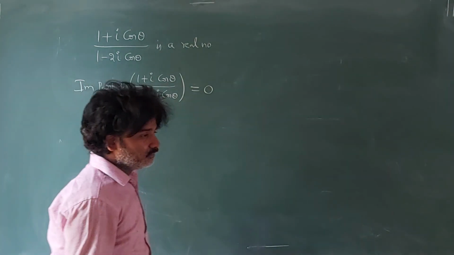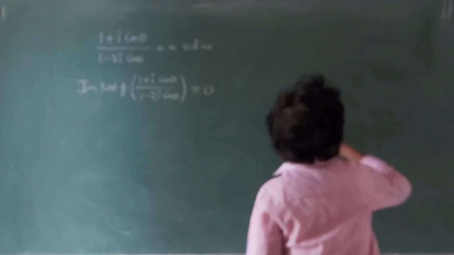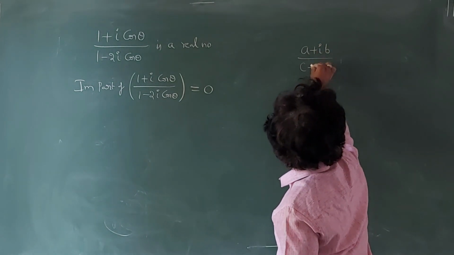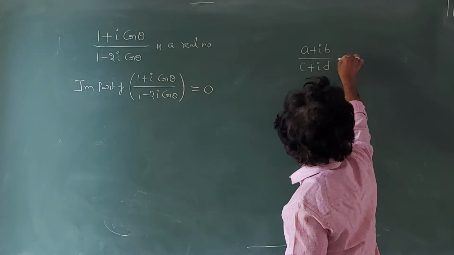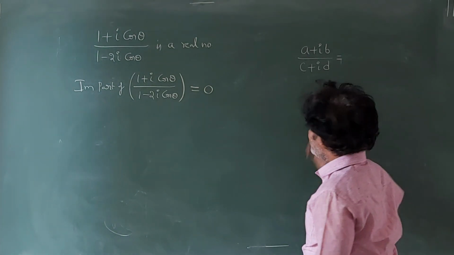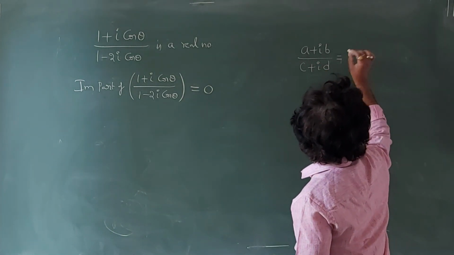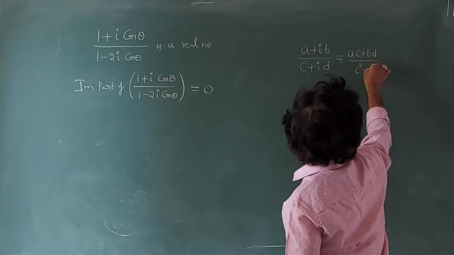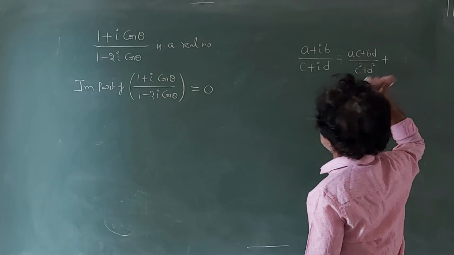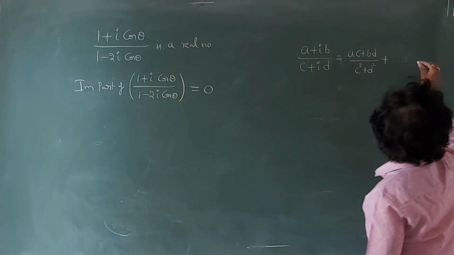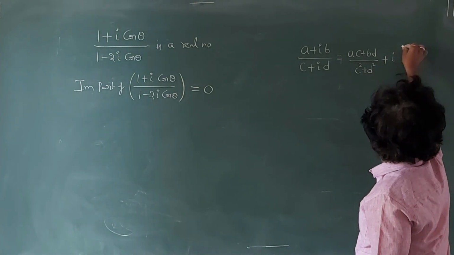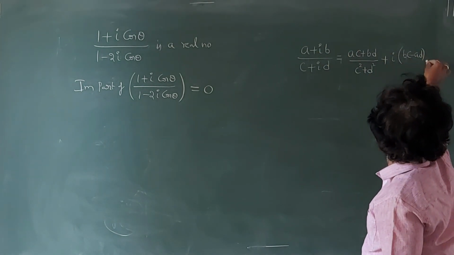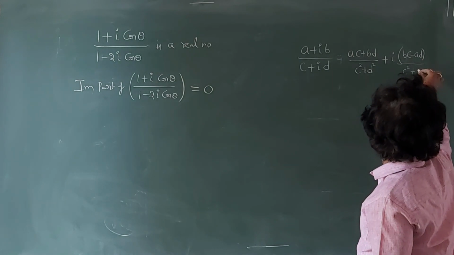If any complex number is in the form (a plus ib) by (c plus id), by simplification we will get (ac plus bd) by (c square plus d square) plus i times (bc minus ad) by (c square plus d square).